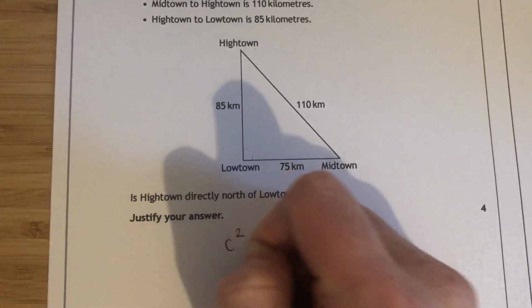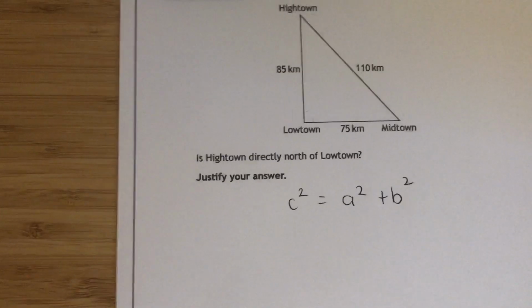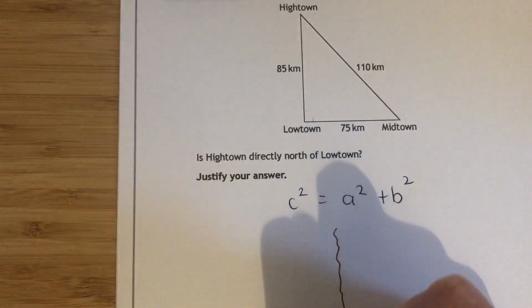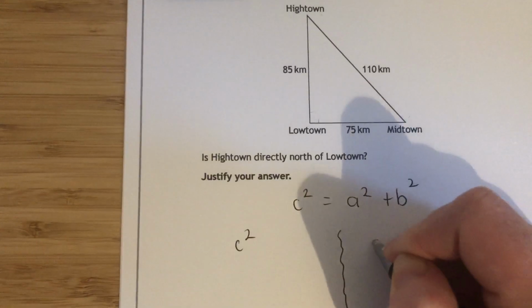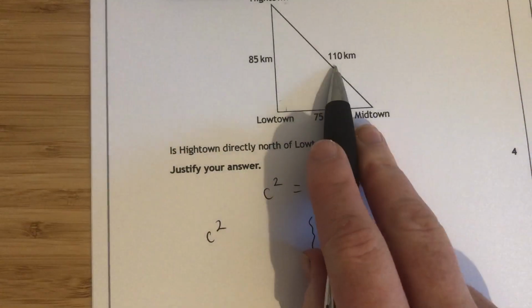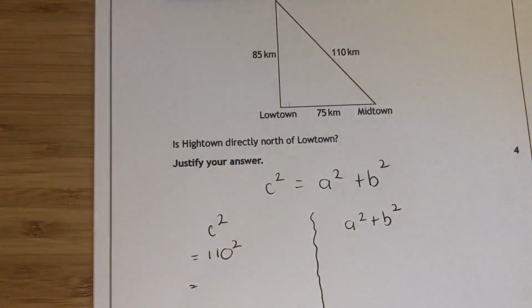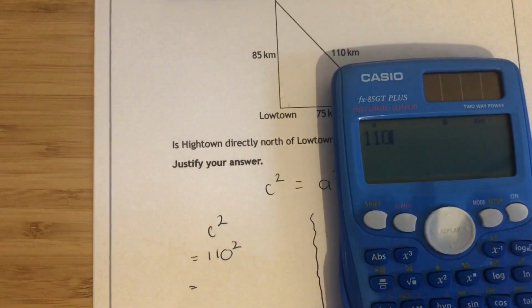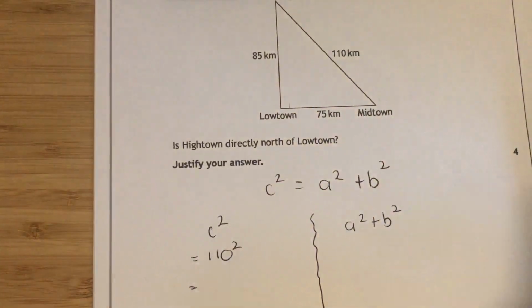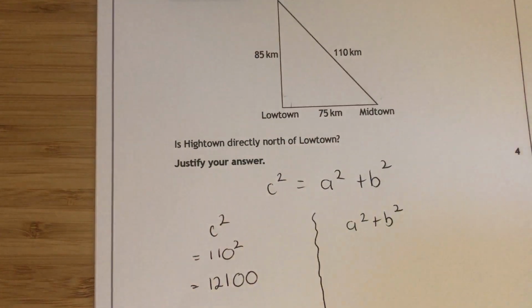So we've got c squared equals a squared plus b squared. That's our theorem, so just split it into two again: this side c squared and this side a squared plus b squared. So 110 squared for this one, which equals 12,100.